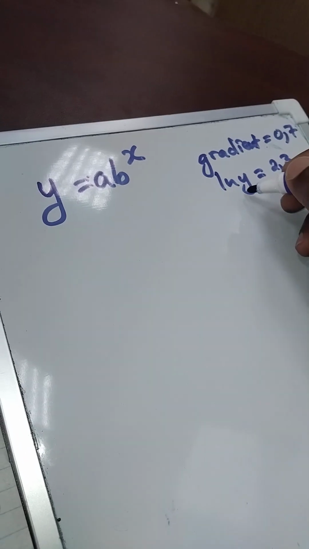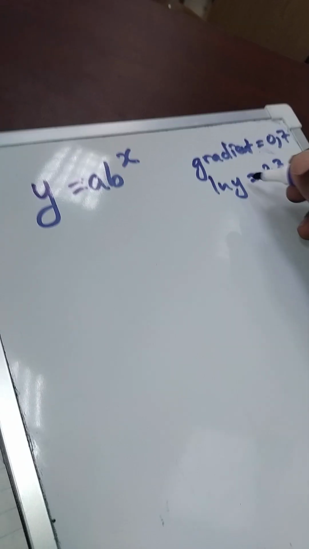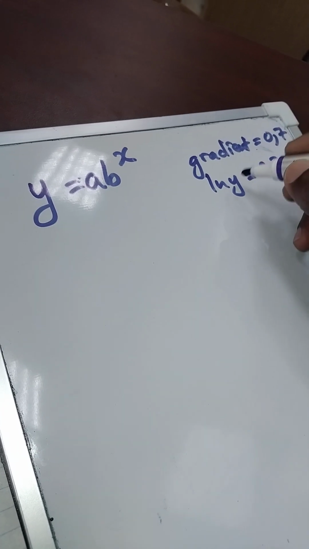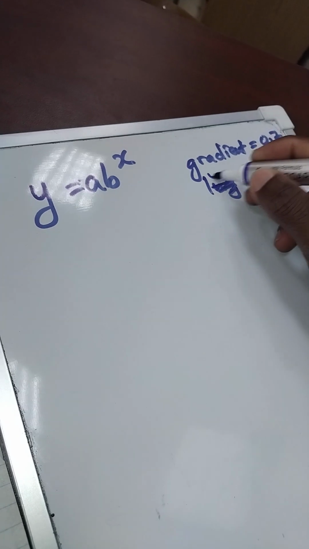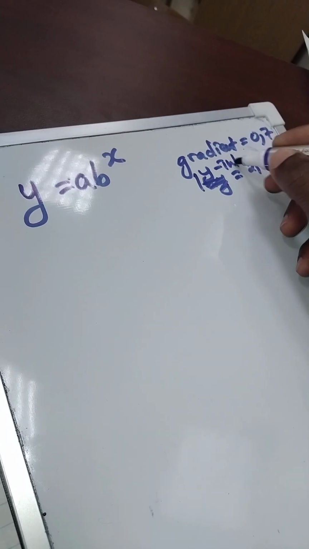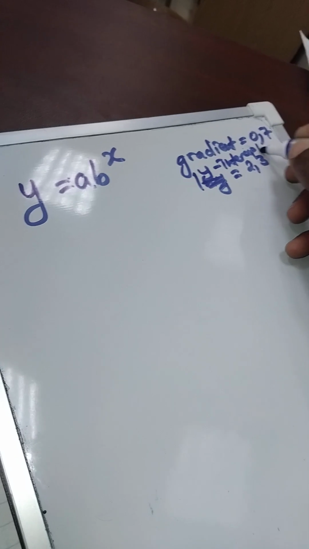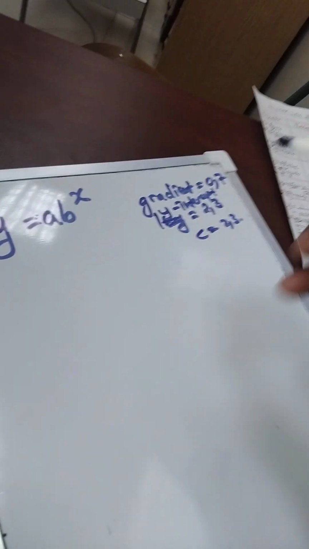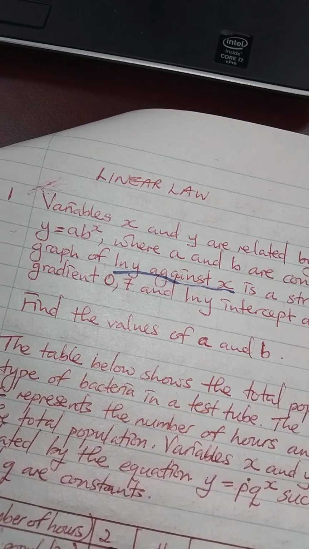So this is the y-intercept, which is our c. Then find the values of a and b.